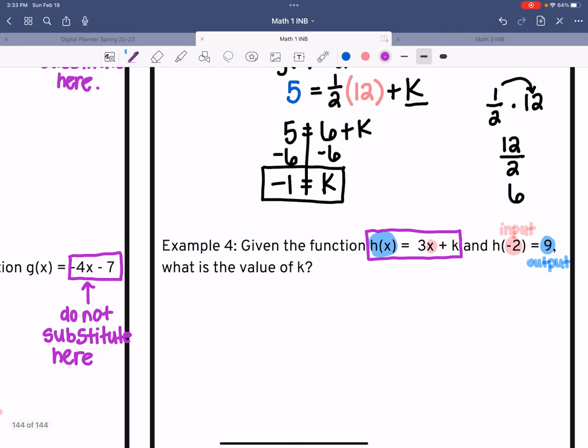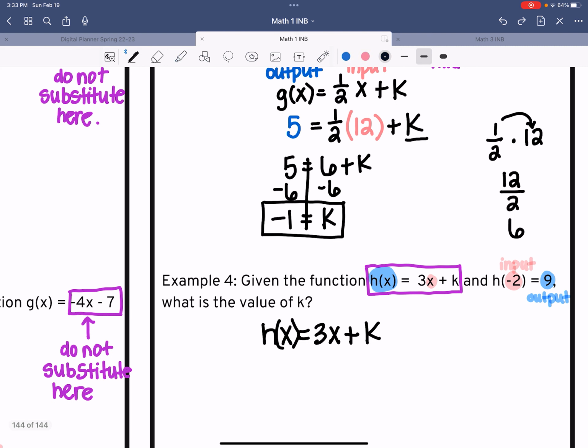So let me rewrite this very quickly. We have h of x equals 3x plus k. All right, so h of x is our output. So in our output spot, we're going to plug in 9.